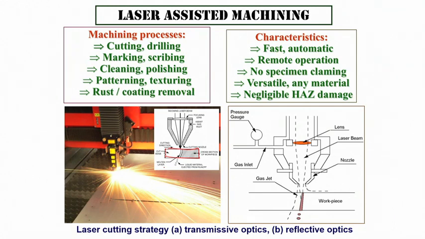The beam comes through a nozzle, and there could be a flow of gas, either a shroud gas or an active gas like oxygen, surrounding the laser. When the beam interacts with the solid, it can create immediate vaporization, and depending on the interaction time, the depth of cut will be determined. There has to be a relative motion: either the solid moves, or the laser beam with the nozzle moves.